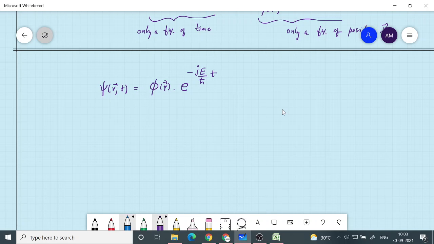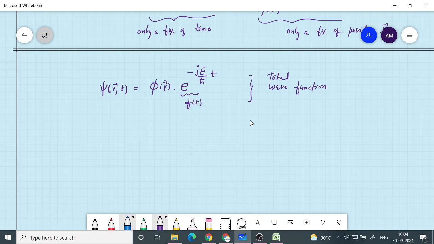So this E is found out by solving the eigenvalue problem, and this phi of r is also found out by solving the eigenvalue problem. So you substitute E in the expression for f of t. So product of psi of r and f of t is our solution. So this is called the wave function. Once you have the total wave function, it has a position part and a time dependence part.